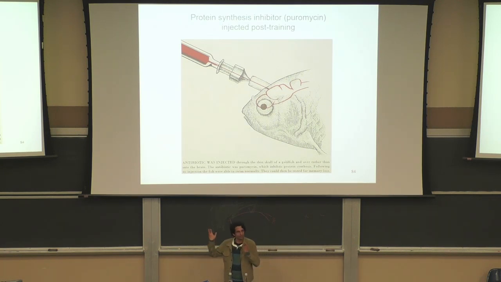So there's a very cool parallel between this fish experiment and what happened in the early-phase and late-phase LTP experiments many decades later. And also, after the fish learned the task, if you wait like 3 hours and then give the protein synthesis blocker, nothing happens, because whatever proteins had to be synthesized to make the new connections had already been made in the first few hours right after the learning experience.